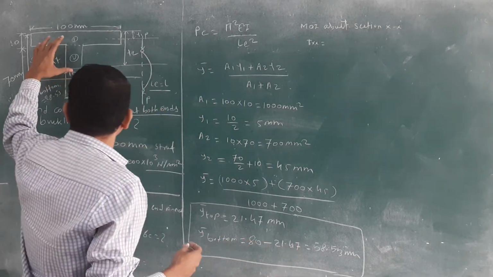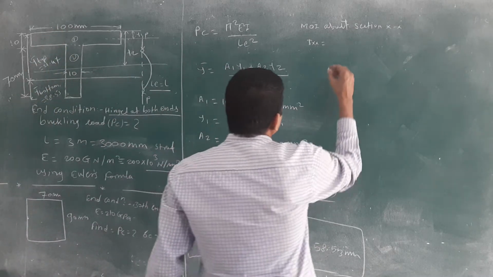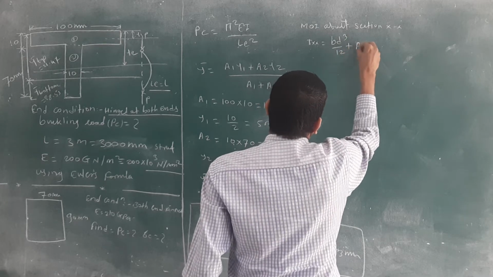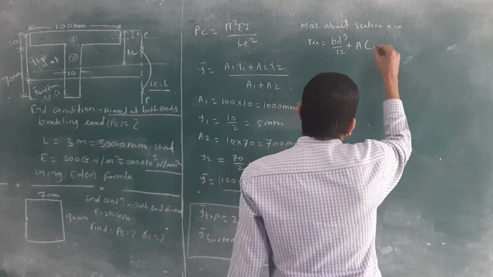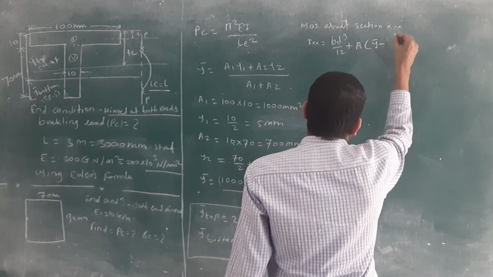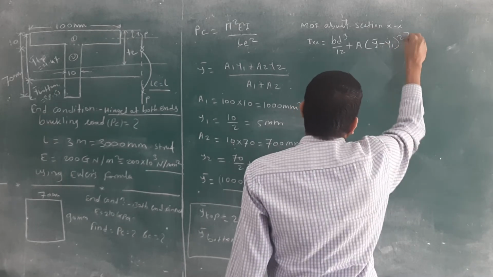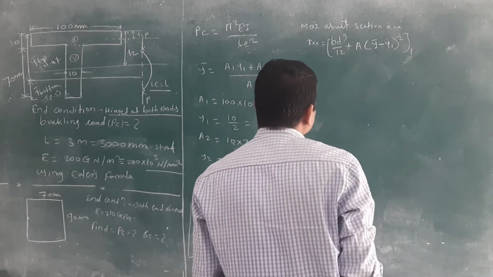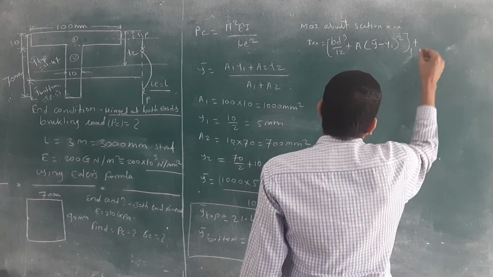Here the two parts are given, so you have to write bd cube by 12 plus A h square. Again, what is the h? H is nothing but the difference between the centroid and y1 distance. For the first part, remember that y bar minus y1, plus what is the second part?